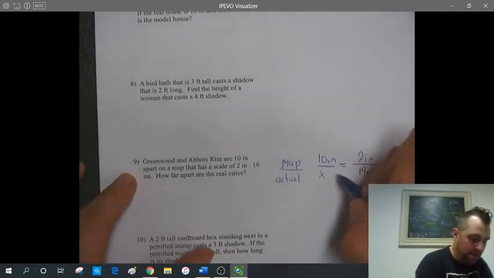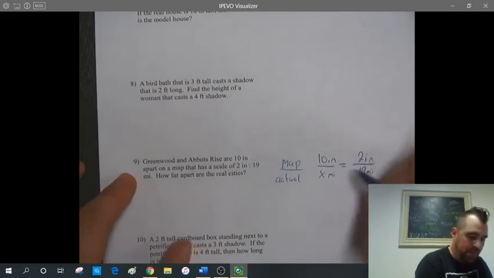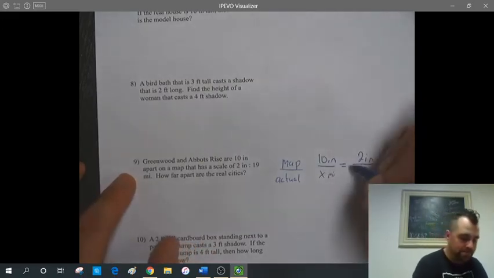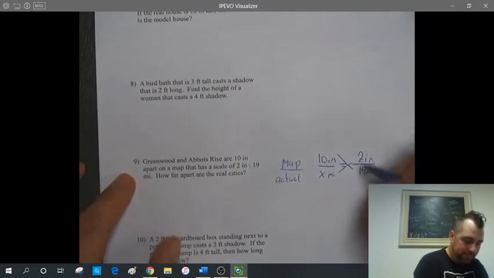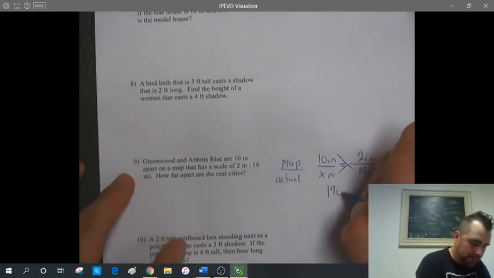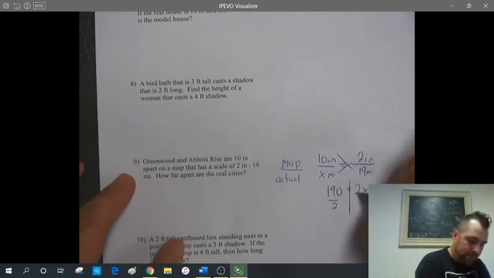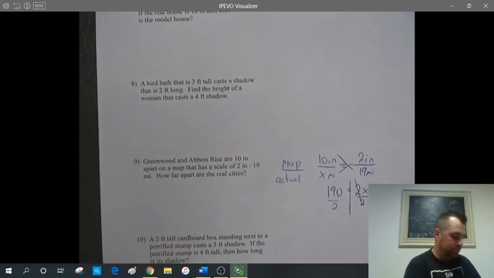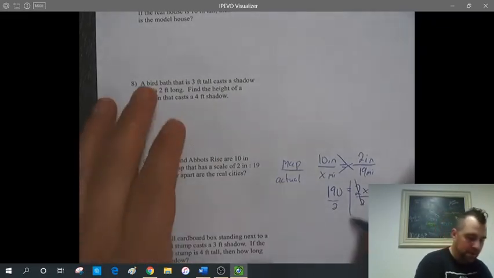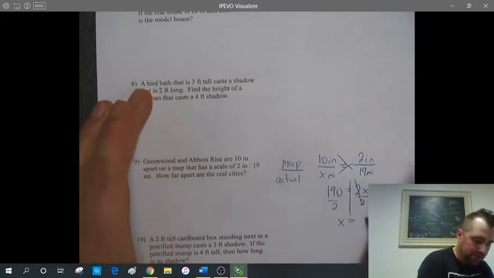Then how many miles apart are they in the real thing? So x miles there. Cross multiply, you get 190 equals 2x. Divide by 2 both sides, and we get that x would be equal to 95 miles.